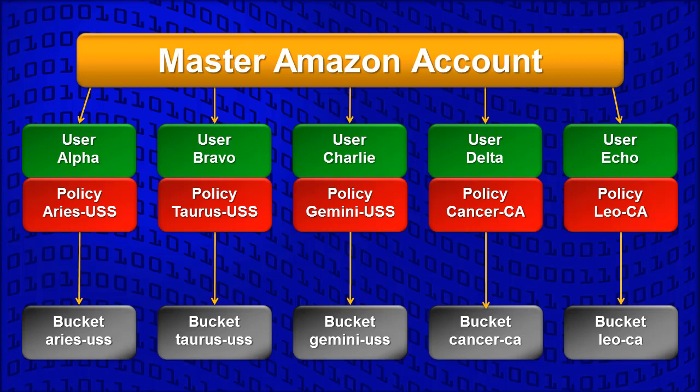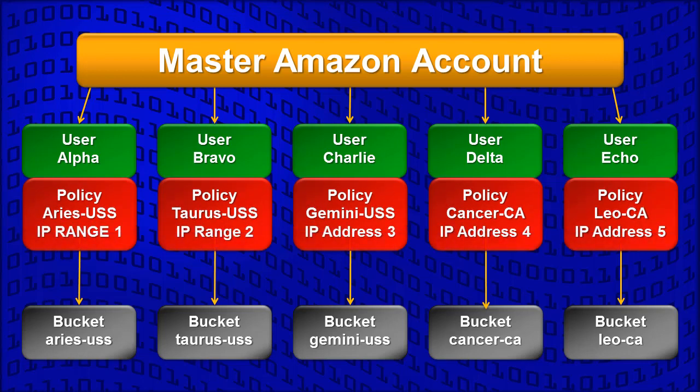Potential uses for this scenario would be multiple buckets for multiple servers being used in the same company, or in the reseller and VAR world, multiple servers and multiple companies, each with its own security. All storage fees from Amazon would be billed to the master account, no matter how many users and buckets are created. Of course, for additional security, IP address or IP network restrictions may be applied to specific policies.